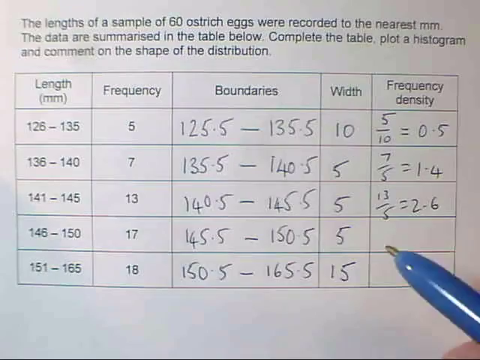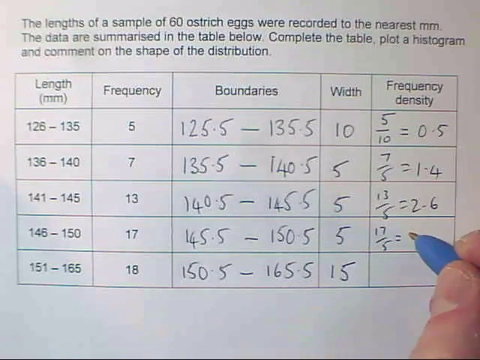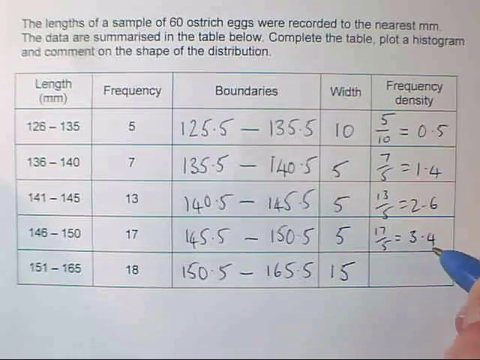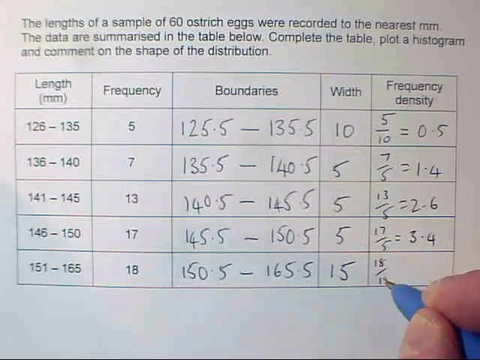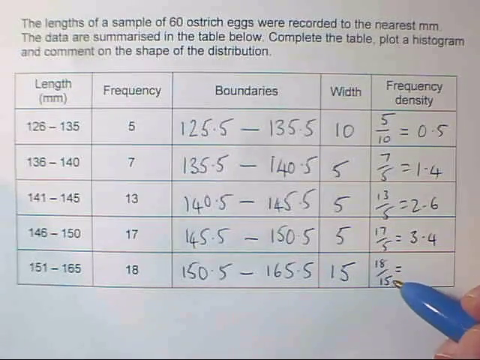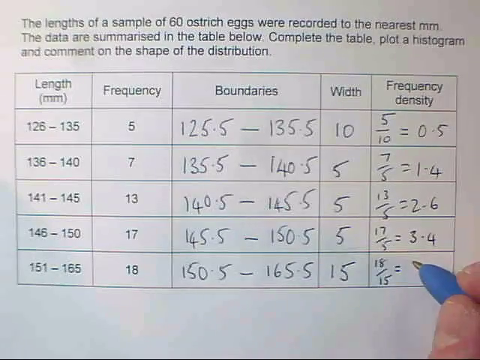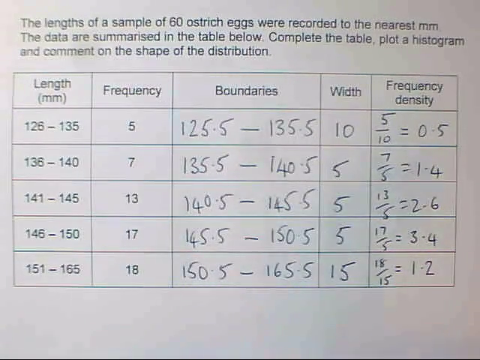And the frequency 17 divided by 5 is going to be 3.4. And for the last one, 18 divided by 15, it simplifies to 6 over 5, which is 1.2. So now I've got my frequency densities, and I'm ready to put these on some axes.